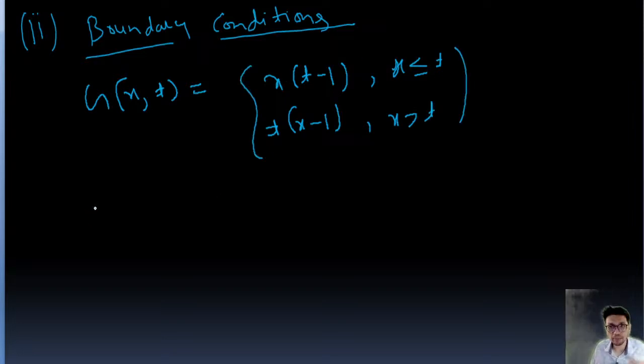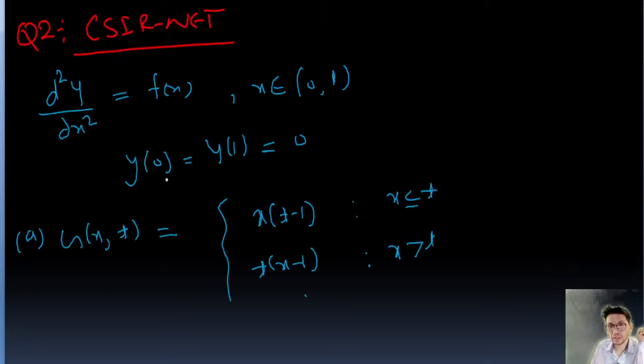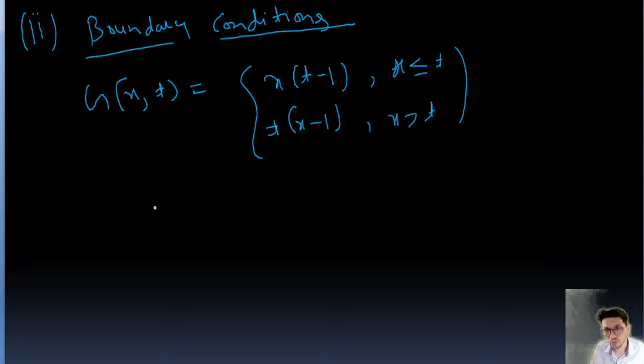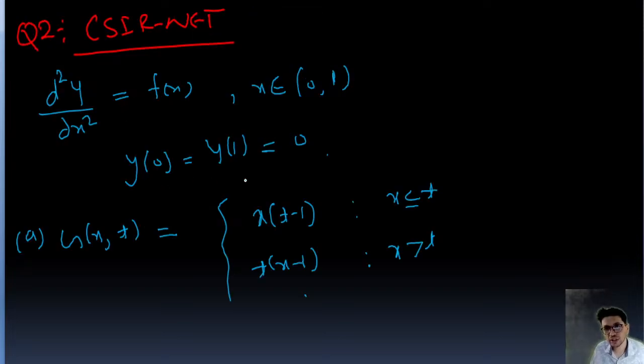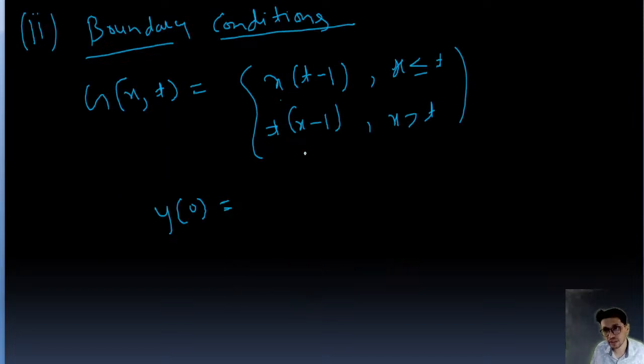Now we are checking the boundary condition. The boundary conditions are given: y at x equal to 0 is 0, and y at x equal to 1 is 0. Right? So we'll put x equal to 0 in the first function. This boundary condition is for the first term, and this one is for the second term.